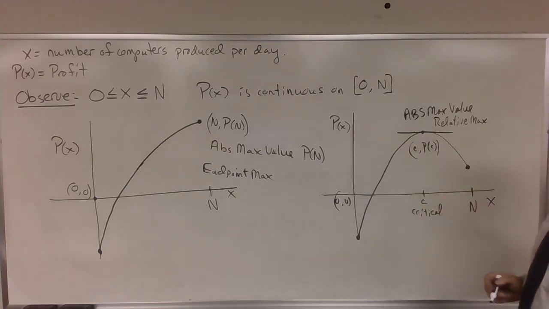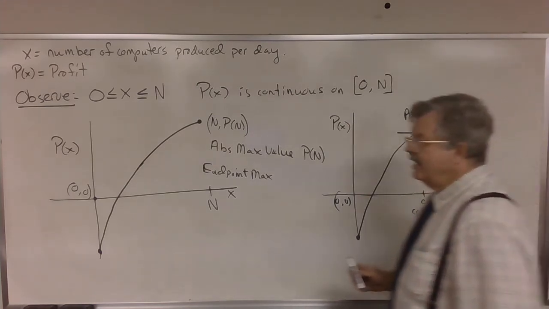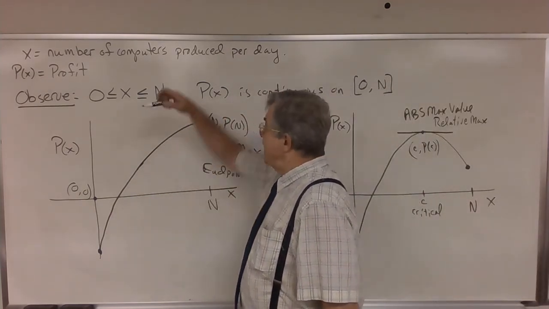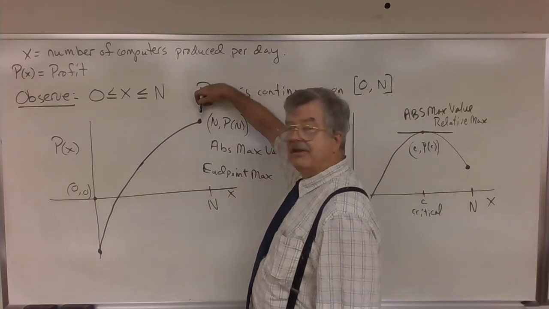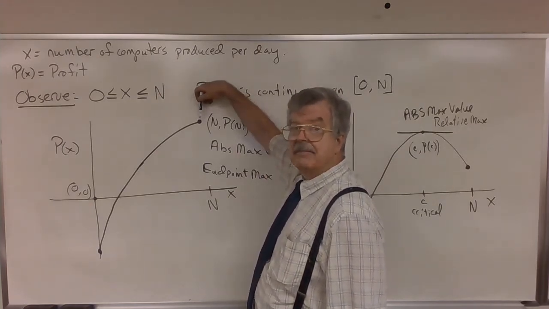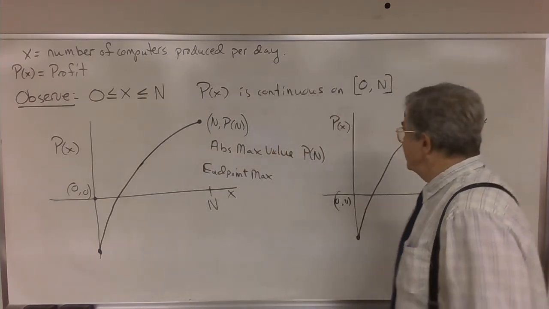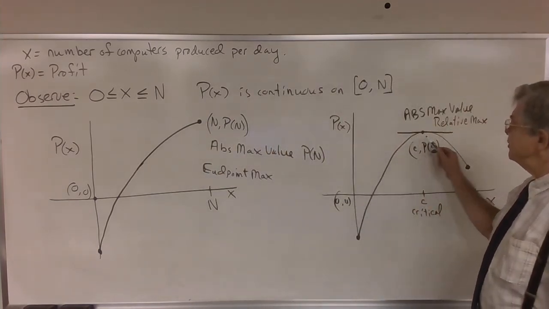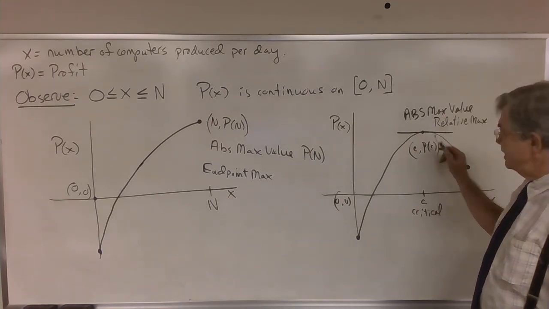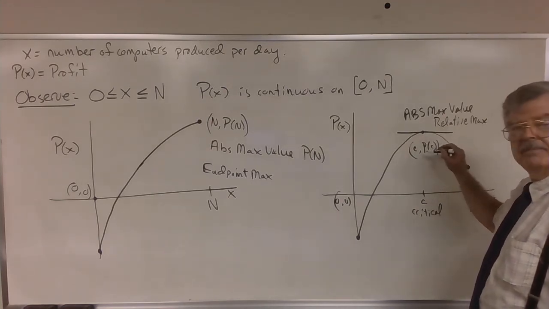To get the maximum profit, I'm either going to have to increase production to maximum, and in this case, this is maximum production and I'm selling all the computers that I'm making. Or I increase production to the point where I'm selling all the computers that I'm making, but I'm not at maximum production.